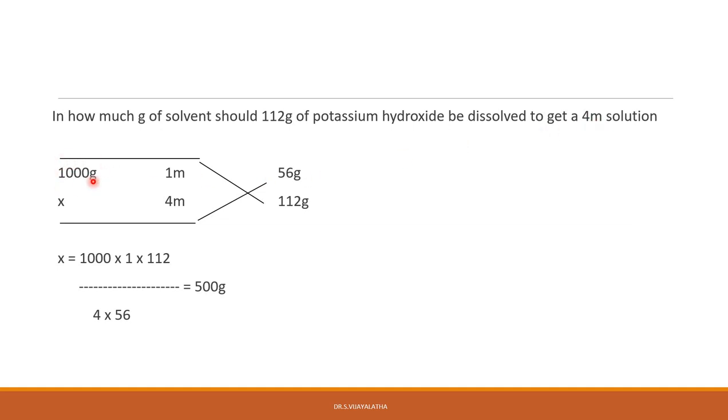So we know 1000 grams of a 1 molar solution will contain the gram molecular weight. Instead of 1 mole, I am putting that, and 1 mole is 56 grams. The gram molecular weight is 56 for potassium hydroxide, so I am putting it here. Now I have 112 grams and a 4 molar solution is required. What is X? Again, X will be 1000 into 1 into 112 by 4 into 56, which is 500 grams.